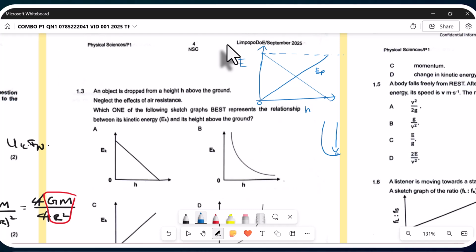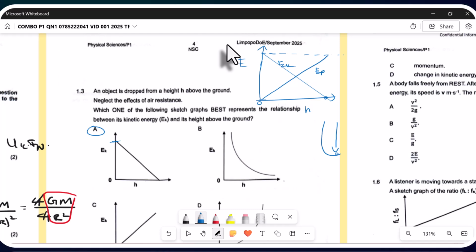Then again, Limpopo, question 1.5. They said that a body falls freely from rest after it has lost its gravitational potential energy E. Its speed is v meters per second. So the mass in kilograms of the body is equal to what?